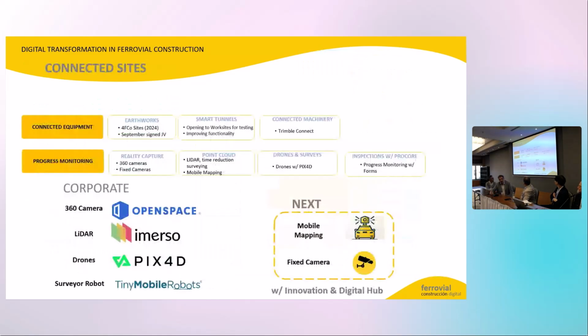And to do excellence or to improve delivery, you need to do progress monitoring, progress tracking. We use LiDAR, cameras, robots. We use drones. Many people think this has nothing to do with BIM, but we are always checking all the LiDAR or the drones or the photogrammetry with the BIM models.